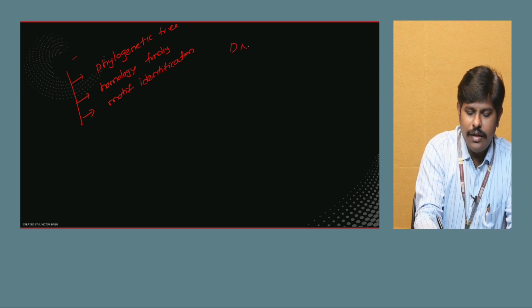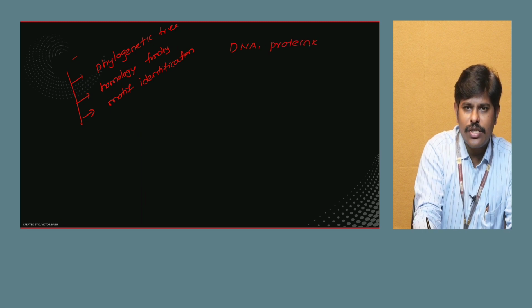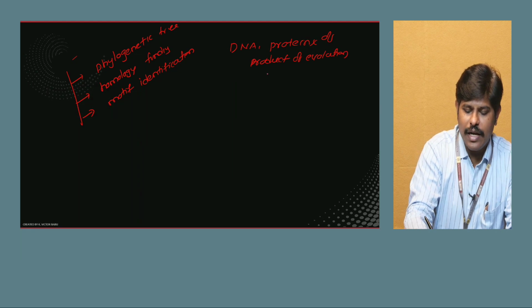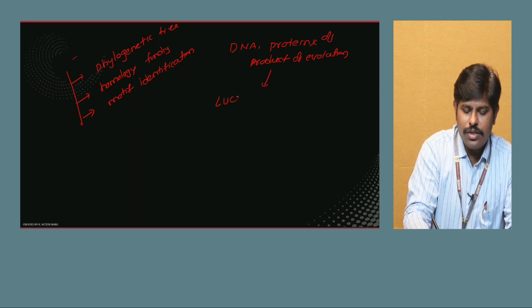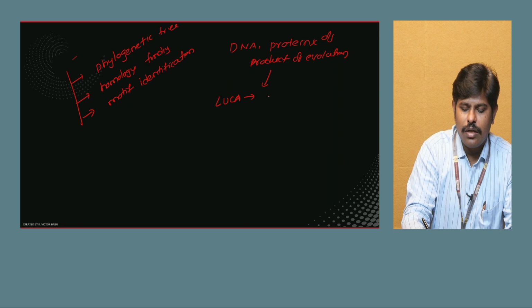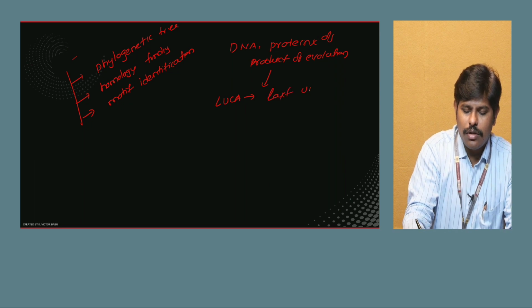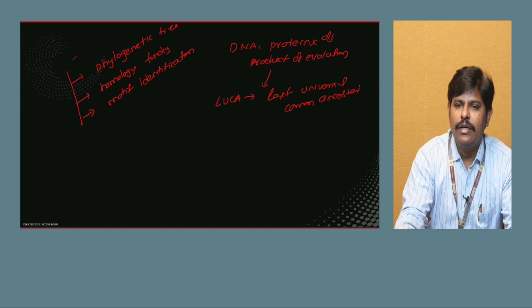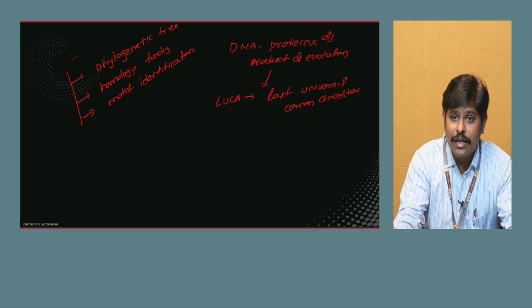So, basically the idea of sequence alignment is very simple here. We learned that DNA and proteins are products of evolution, right? Every living organism on this planet Earth evolved from a common ancestor, that is the last universal common ancestor, which is known to have DNA as a genetic element.